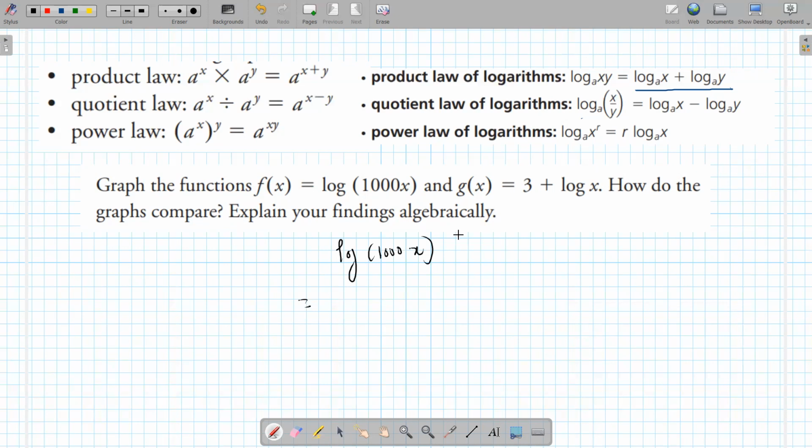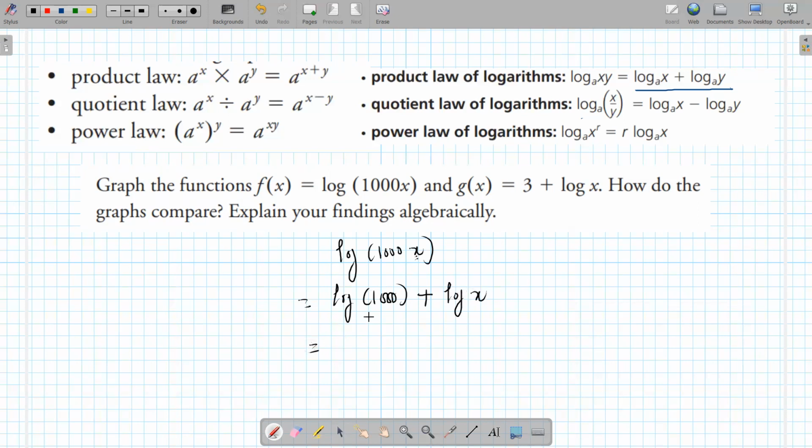So 1,000 is your x and this number here is your y. This is confusing, but you can look at this as AB as well. This becomes log of 1,000, the first number, plus, because they're being multiplied, 1,000 and x are being multiplied, so it's a plus log of x.